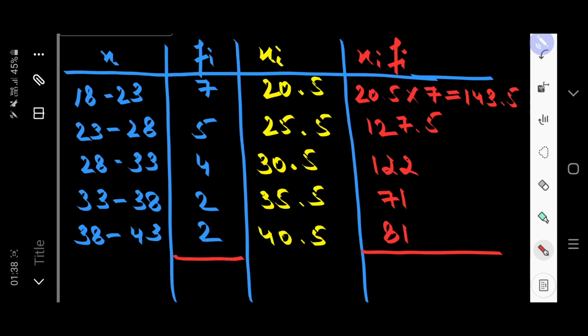As we know, the formula for mean is x bar equals sigma xi fi divided by sigma fi. So after calculating all these values, we get 545, and after adding the frequencies, 7 plus 5 plus 4 plus 2 plus 2, this is 20.